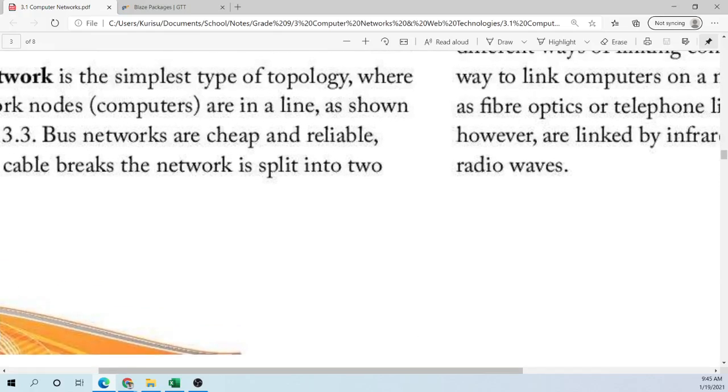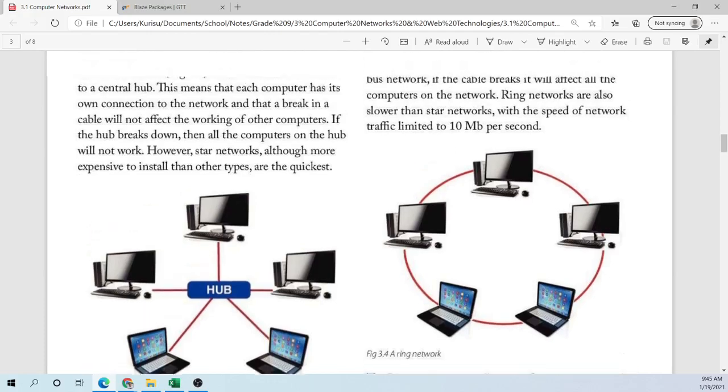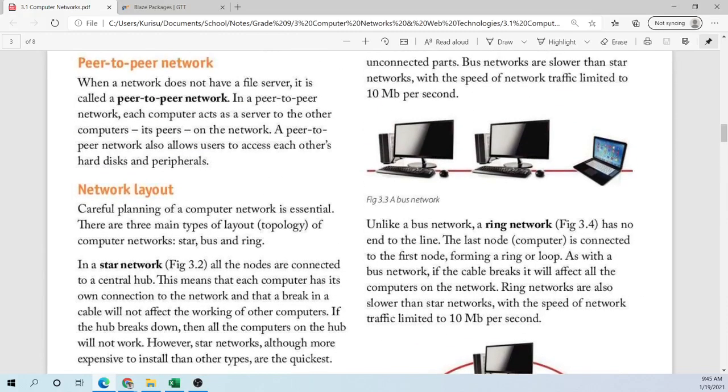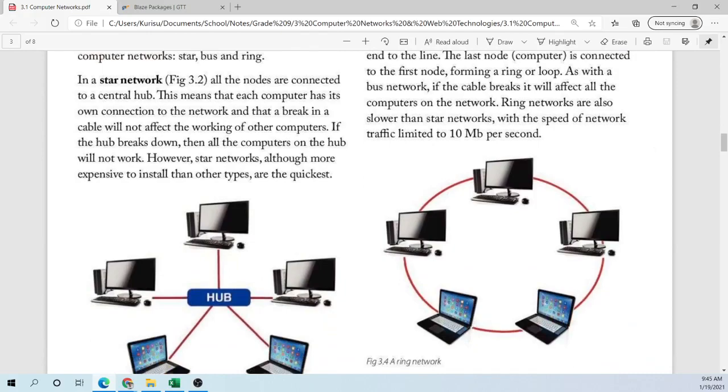So these networks that we looked at at the top here, the ring, the star, the bus: well, the ring and the bus, obviously they will be using a cable, because you can't make a wireless signal into a ring.